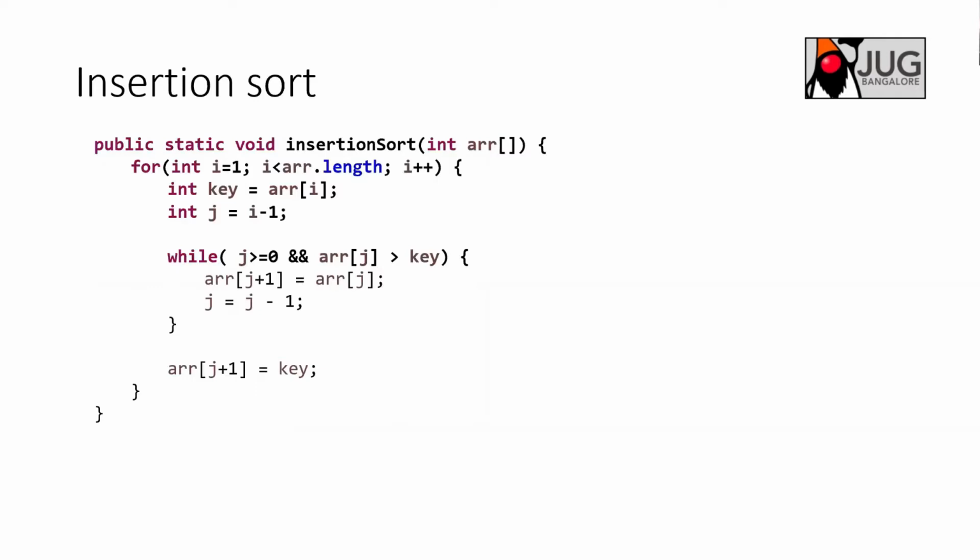Let's say 4 is already there in the sorted set. Now you pick the element 2. You have to arrange the sorted array in such a way that the element 2 is properly placed. It cannot be placed after 4, it has to be placed before 4. After the completion of this while loop, your sorted set will be 2, 4, and the unsorted set will be the remaining elements.